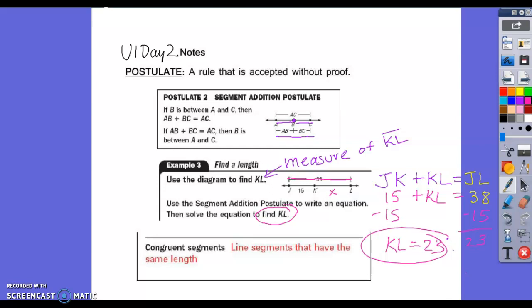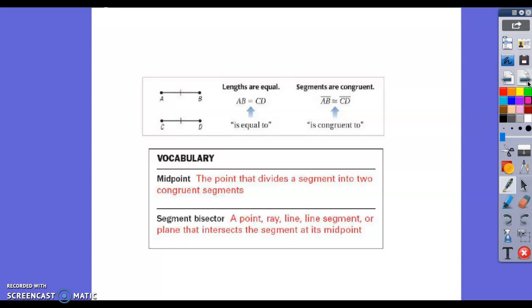Now, congruent segments are line segments that have the same length. So, what I was just explaining to you earlier, the difference between when there's a line over the top of AB and when there's no line, like this one. This means we're talking about AB is equal to CD.